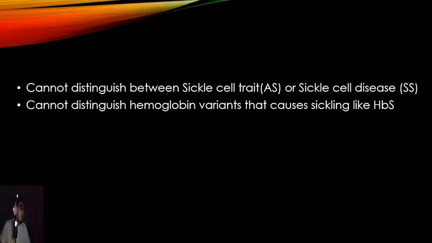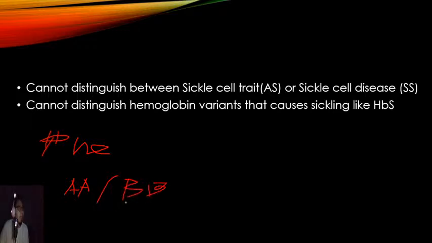So let's talk about these things for a while. What do I mean by sickle cell trait? Well, of course, when you are born, normally your hemoglobin phenotypes would either be AA or BB.